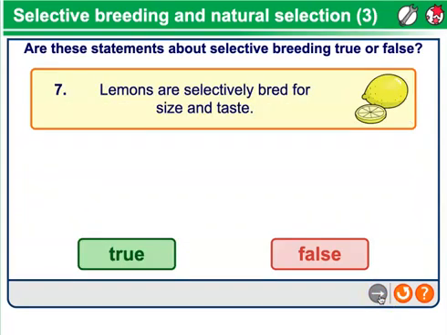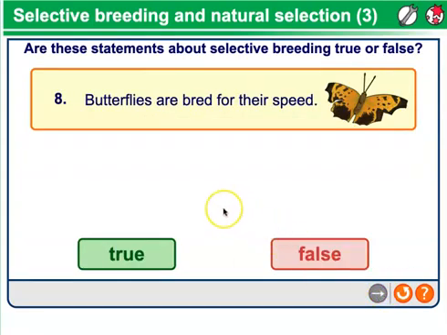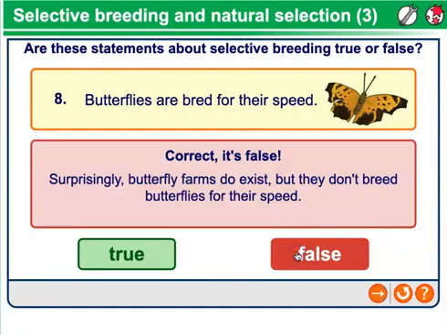Lemons are selectively bred for size and taste. There are a number of different varieties of lemons, just like apples, and we selectively breed for size and taste in them. Butterflies are bred for their speed. Surprisingly, butterfly farms do exist, but they don't breed butterflies for their speed.